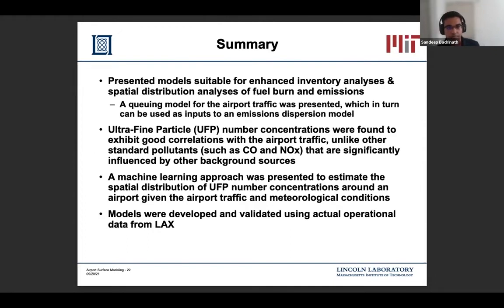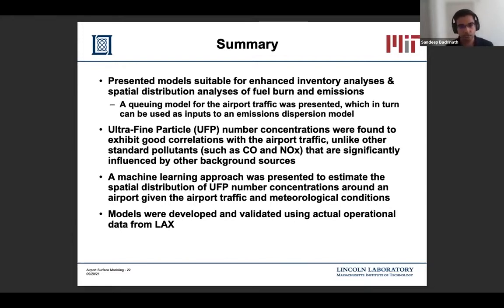So, a quick summary. At a high level, what we are doing in this work is trying to get a spatial distribution of fuel burn and emissions at an airport. To do this, we developed a queuing model to estimate the amount of wait time of aircraft at different locations on the airport, essentially estimating the traffic patterns on the airport surface as a function of demand, that is the airline schedule, as well as weather, that is VMC meteorological conditions.